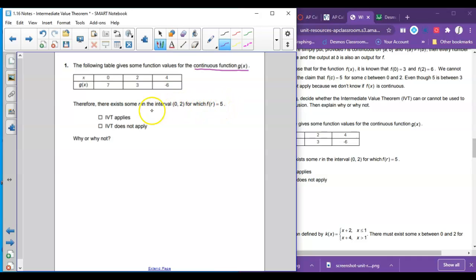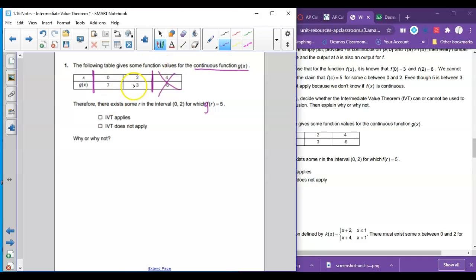So we're looking just from 0 to 2. So really it doesn't matter what in the world we've got over here. That's just extra information. And we want to know if we have any y values, really, whether that g of r equals 5. That should be a g right there. This is a typo on this worksheet.